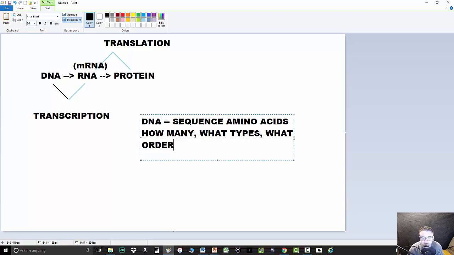If you remember back from chapters 7 and 8, that's really what makes each protein unique, behave differently, and have a different shape and function: what amino acids, what types, and what order. Those create different shapes, and that creates different functions of proteins. So DNA sequence spells out amino acid sequence, which then dictates different proteins.